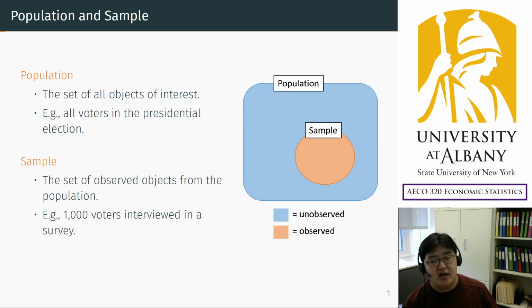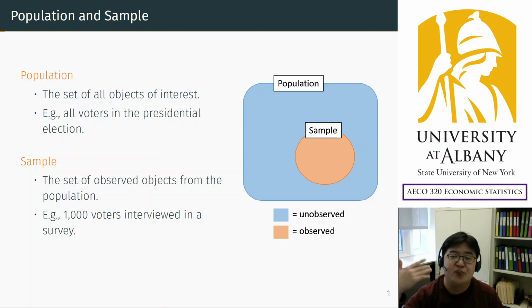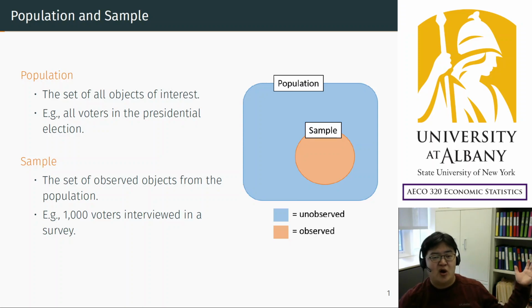What I could do is interview 1,000 voters. Then that's your sample. We are not going to observe the rest before the actual election happens. What we observe is the political surveys, the political polls, and those observations are the sample.